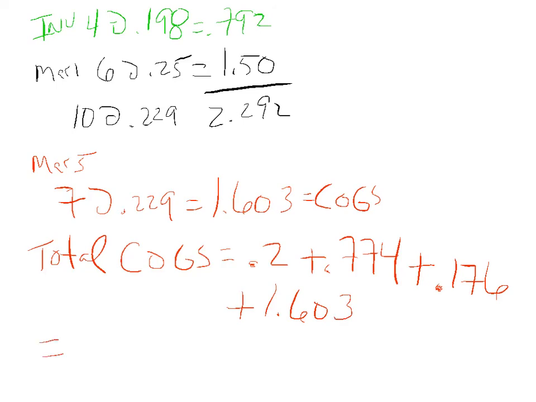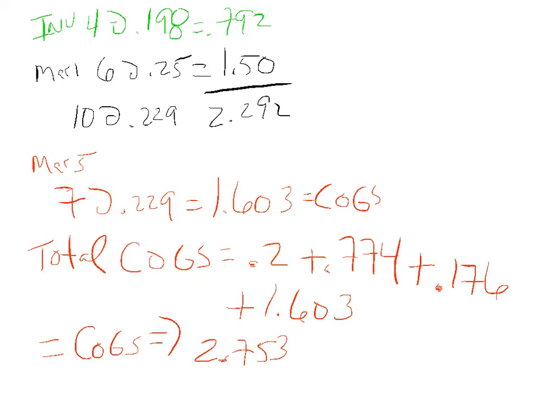So when you add all those things up, cost of goods sold total is 2.753. And so that's our cost of goods sold.